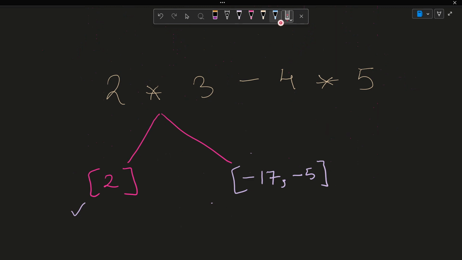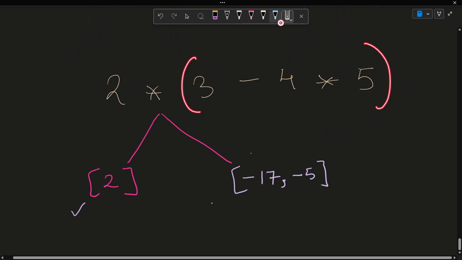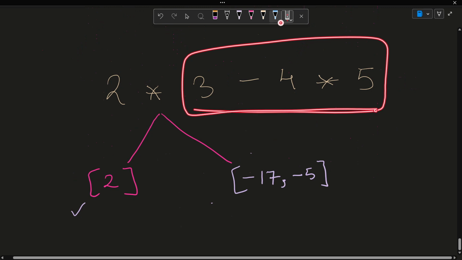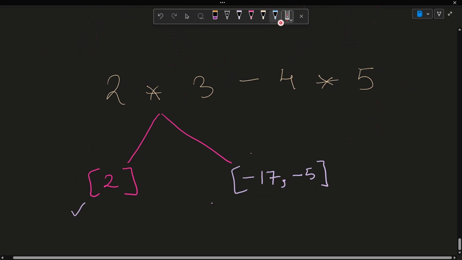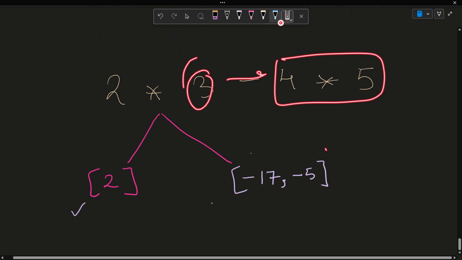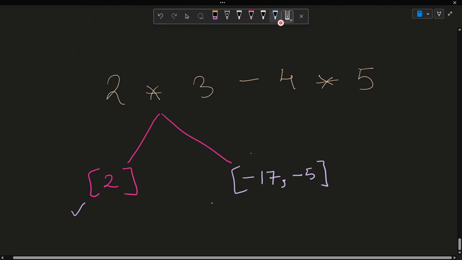Given this subproblem, I can have two possible values for this expression, which are minus 17 and minus 5. Minus 17 is by first multiplying this, and 3 minus this, and minus 5 would be first doing this operation and then multiplying. So this is the only possible way.